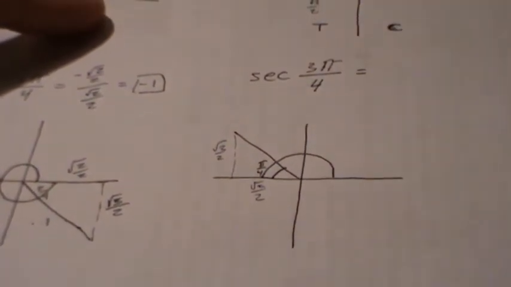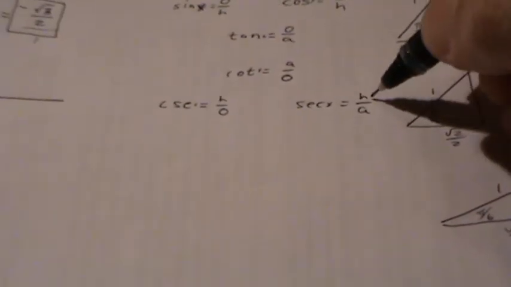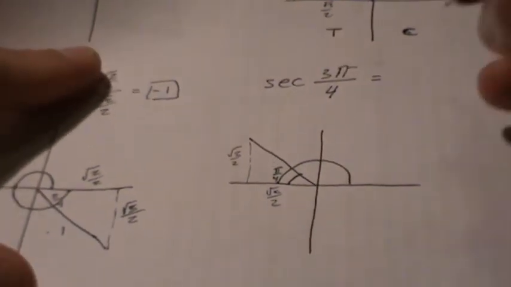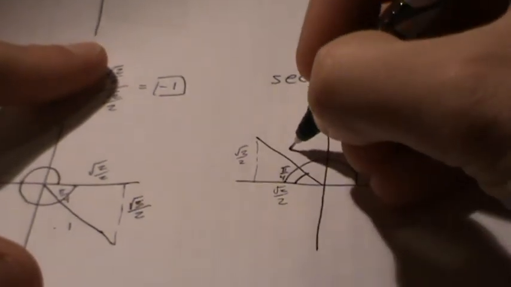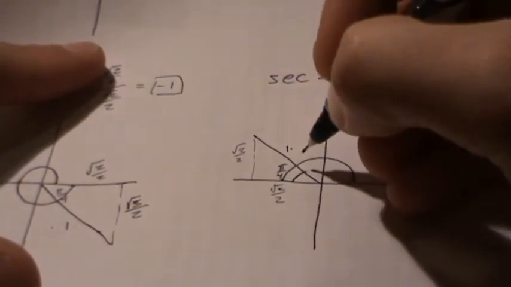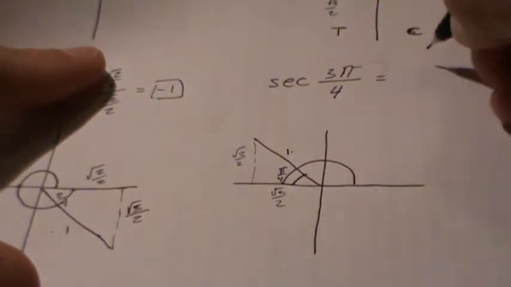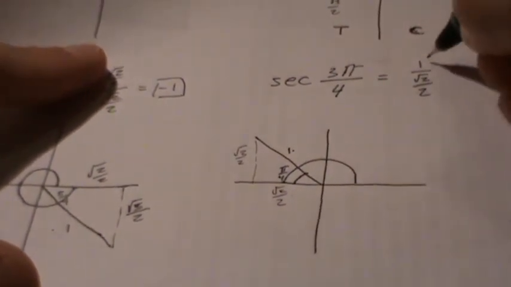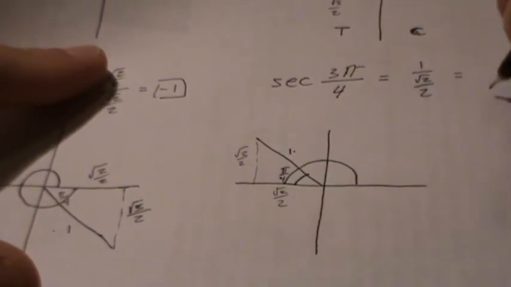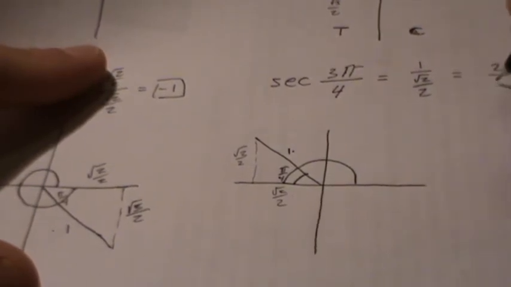Then I look at secant, and I say that secant is hypotenuse over adjacent. The secant is the hypotenuse, 1, divided by the adjacent, or square root of 2 over 2. 1 over the square root of 2 over 2 simplifies to 2 over the square root of 2.